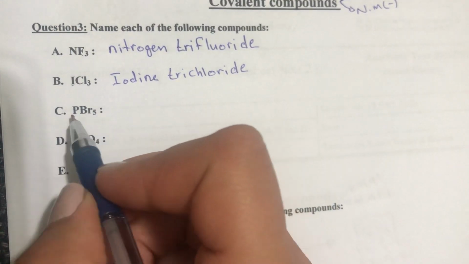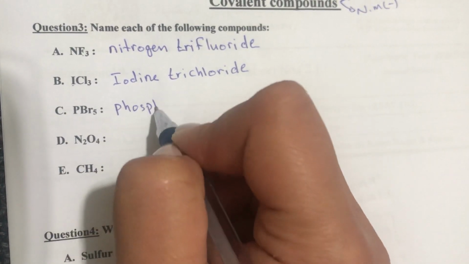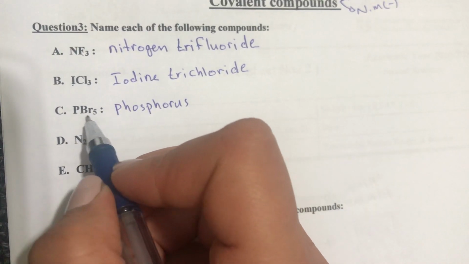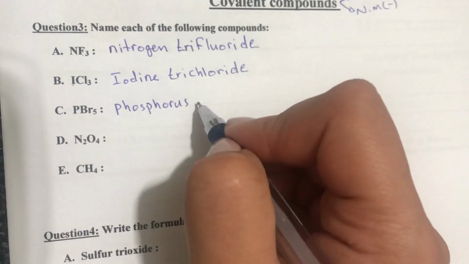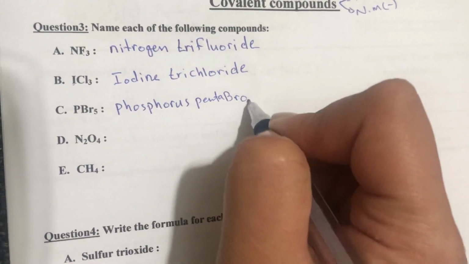P, Br5, P for phosphorus, you have 5 bromine atoms, so penta bromide.